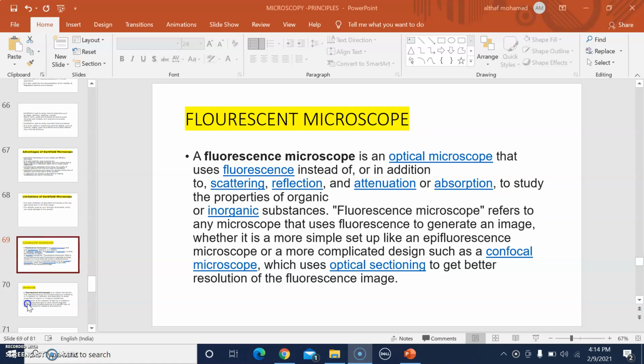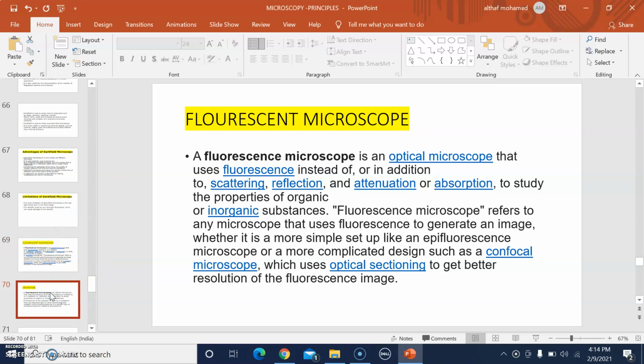So the fluorescent microscope refers to any microscope that uses fluorescence to generate an image, whether it is a simple setup like an epifluorescent microscope or a more complicated design such as a confocal microscope. The most complicated design under this is the confocal microscope, and it may use optical sectioning to get better resolution of the fluorescent image.